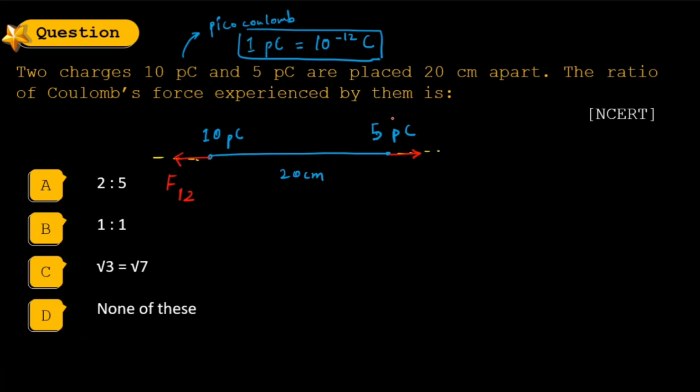Similarly, this 5 picocoulomb charge will be pushed by the 10 picocoulomb charge in this direction. So this is the force on the second charge due to the first. This is how we write F12 and F21. Force is a vector quantity, so we have to keep the direction of the force. We have to find the ratio of these two forces, F12 and F21.